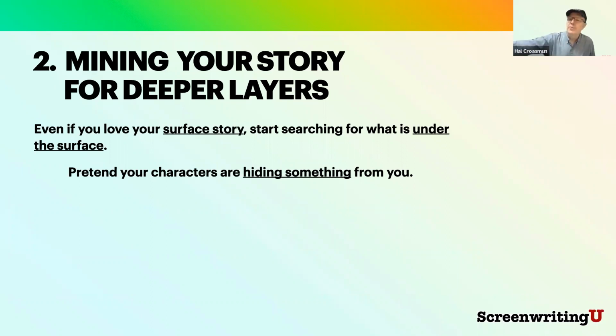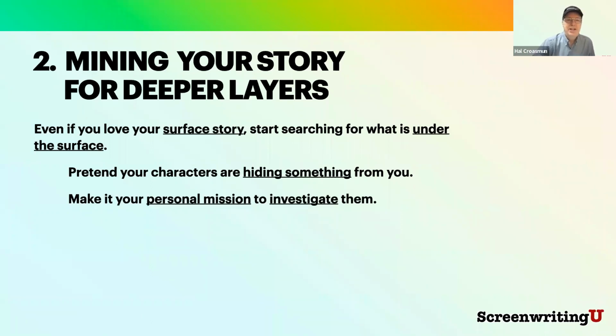Pretend that this whole surface story that came to you originally was their cover-up. They're actually intentionally hiding something, and make it your personal mission to investigate them, to find out what they're hiding, to find out what they didn't tell you, whether it's because they're lying or because they're ashamed of it or because they're afraid that it'll make you think something different about them, and have a great time uncovering the real truth, right?